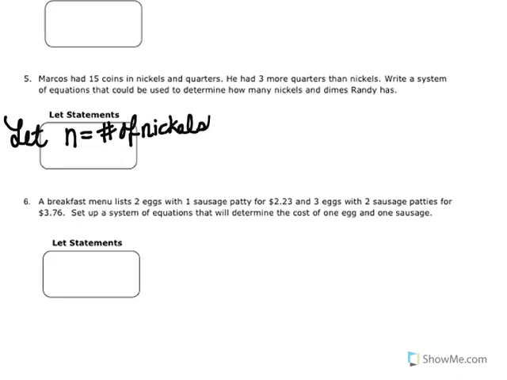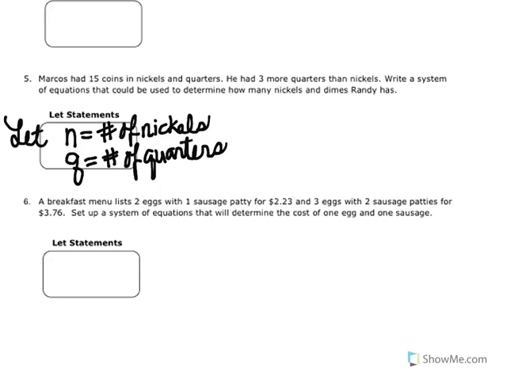And then let's let Q equal the number of quarters. You don't have to use X and Y. Let's use N and Q.